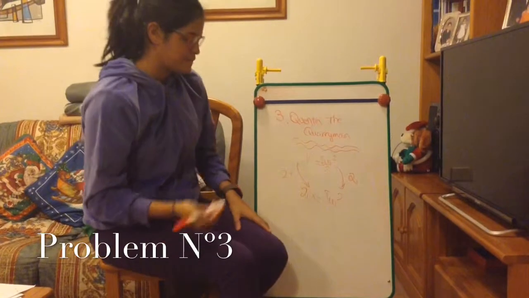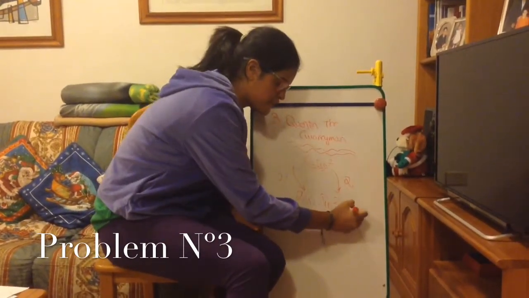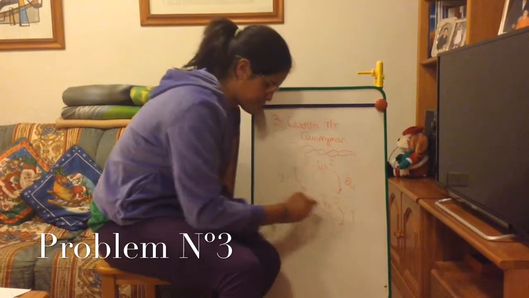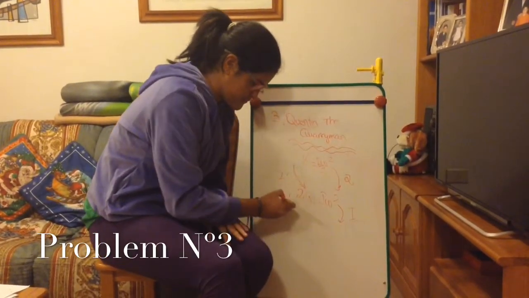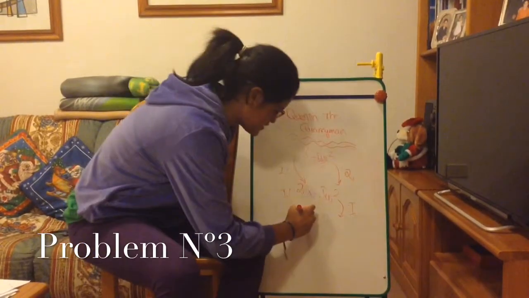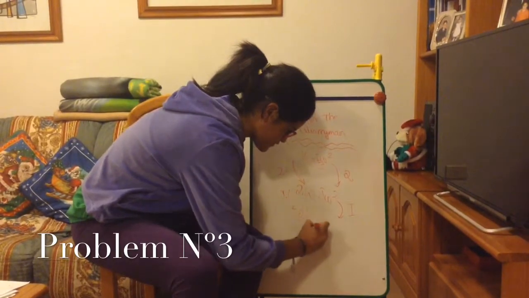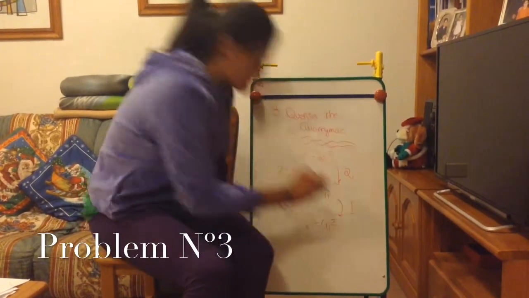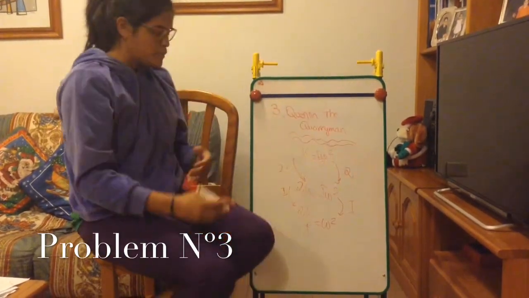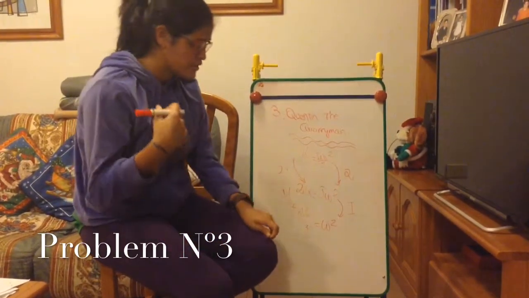So we are going to divide both sides by I. And that is equal to this, but we haven't finished. We need to isolate W squared.